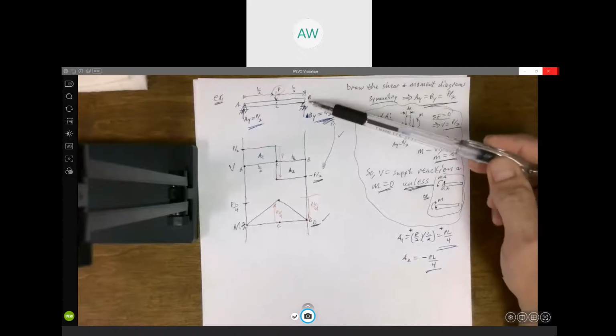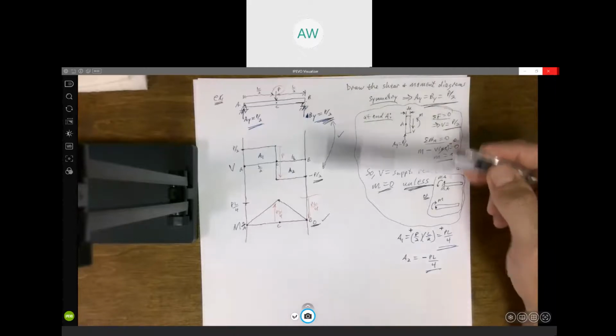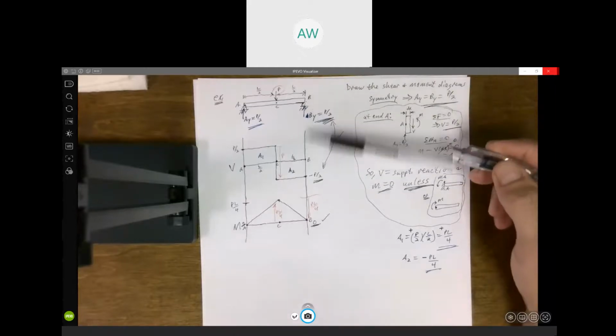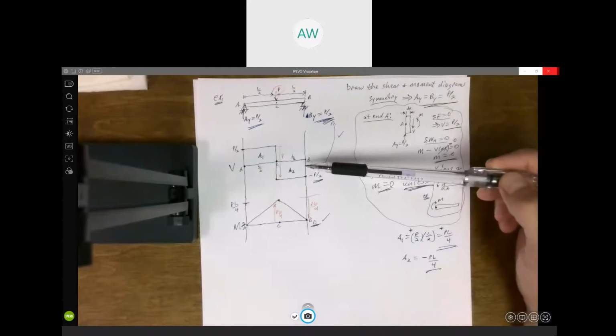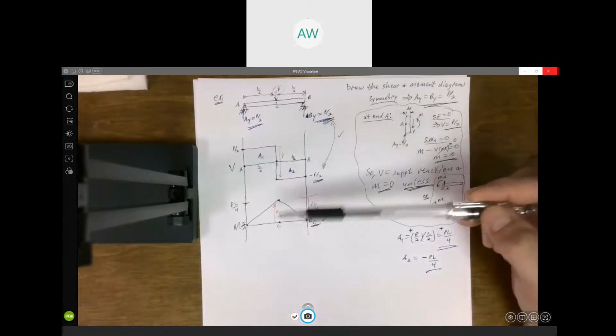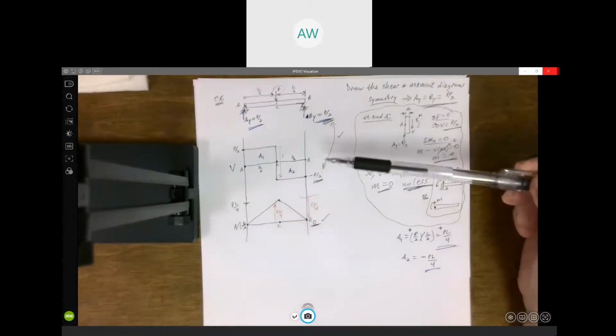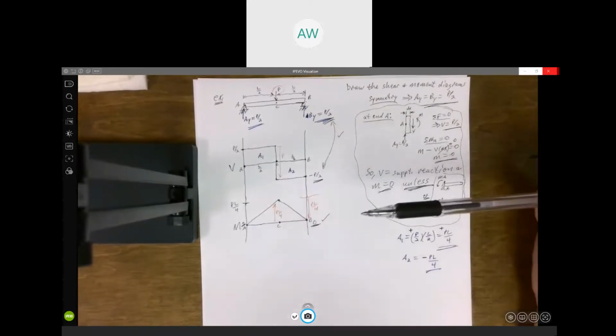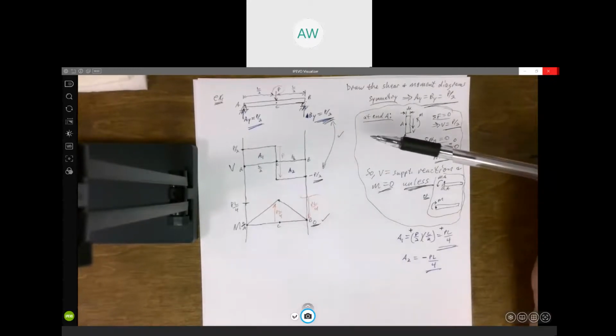So given this beam and this loading, really it should take you probably 30 seconds to draw this shear moment diagram. We didn't have to cut it. We didn't have to find any equations. It's real simple. It should be. But it takes practice. This is something you've got to sit down and practice drawing shear moment diagrams.